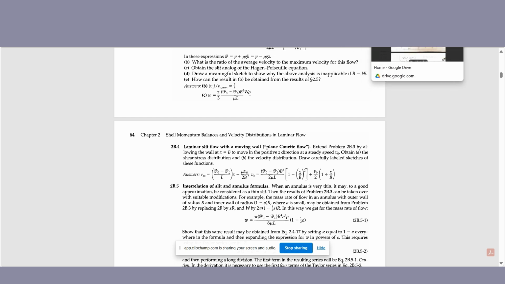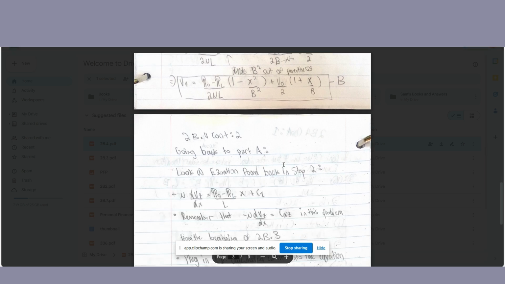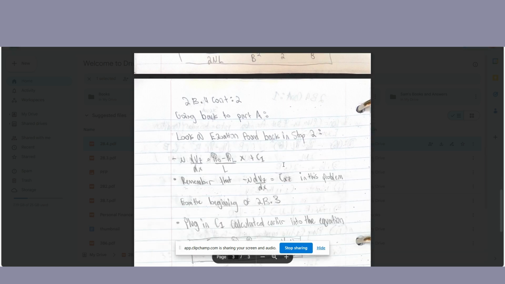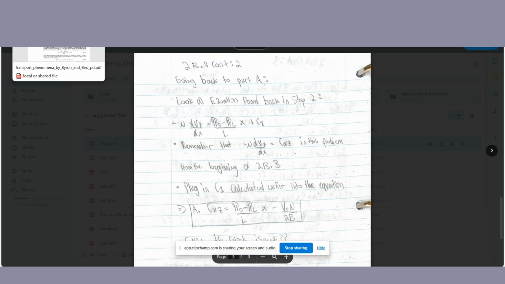So now I got to backtrack because originally I didn't do the shear stress at first. So we got to look back at the equation. Negative mu dvz dx equals the shear stress tau xz, and that's what it's wanting us to find.